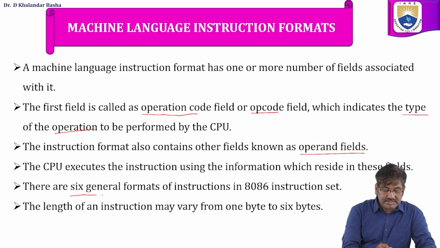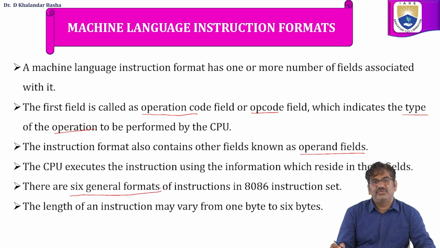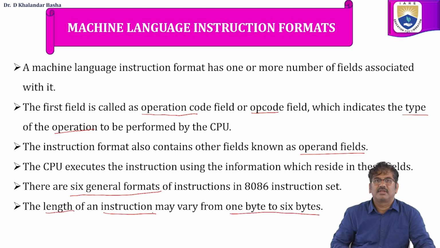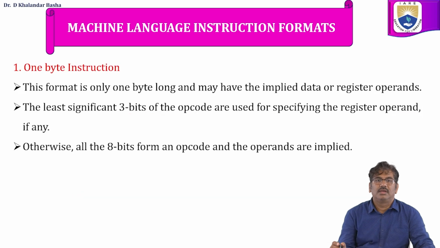There are 6 general formats of instruction in the 8086 microprocessor instruction set. The length of an instruction may vary from 1 byte to 6 bytes. First we will see 1 byte instructions. This format is only 1 byte long and may have implied data or register operands.